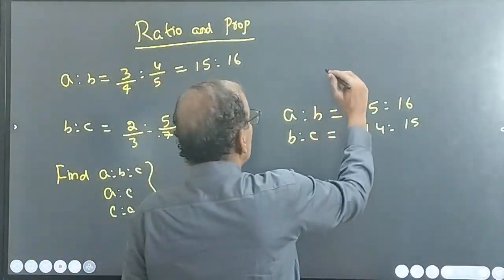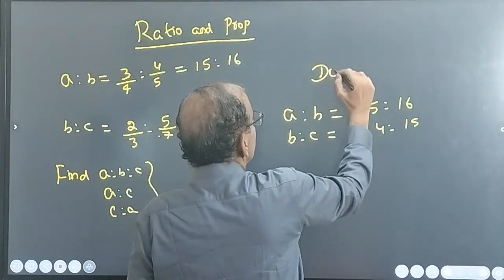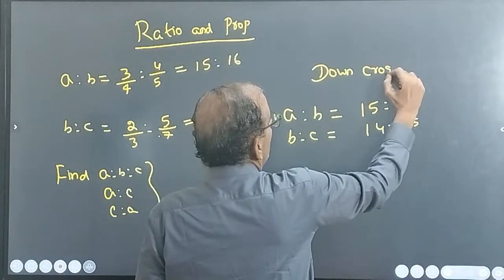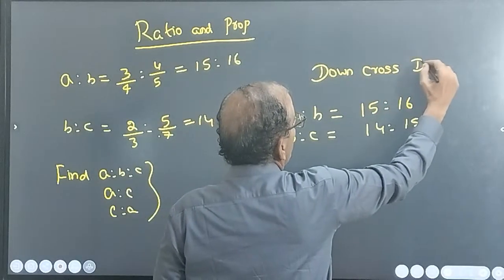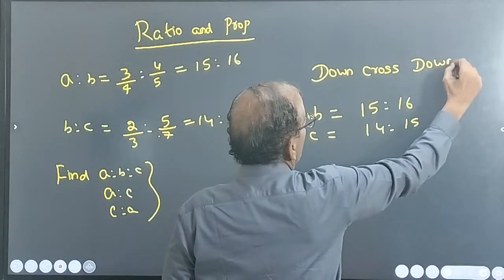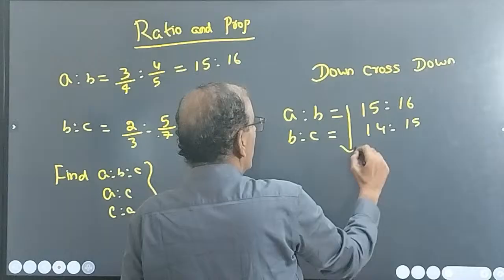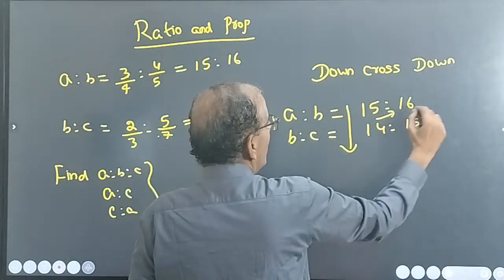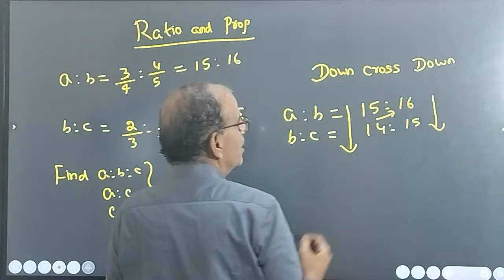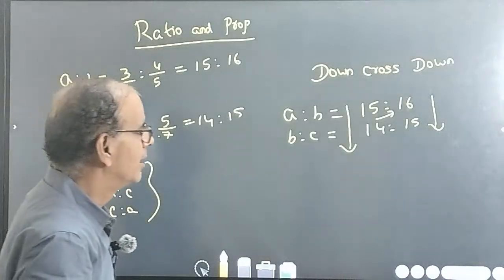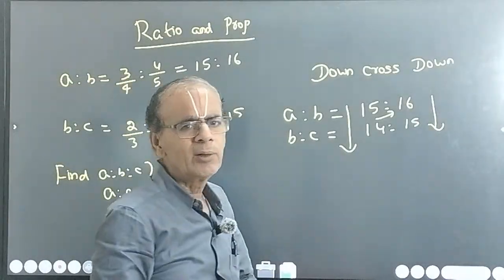The method used here is down, cross, down. What do you mean by down, cross, down? 15 you multiply by 14. How to multiply easily?